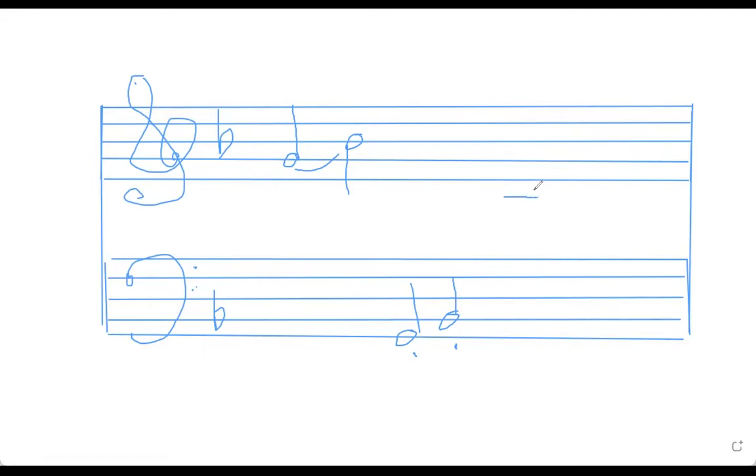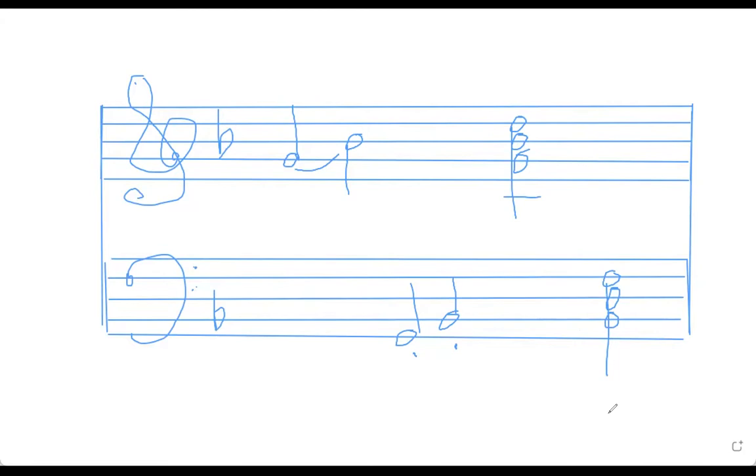Here's a triad. We talked about chords. Triads have 3 notes. They're all played at the same time. That's a G minor triad. Here's a chord or a triad in the left hand, or low notes.